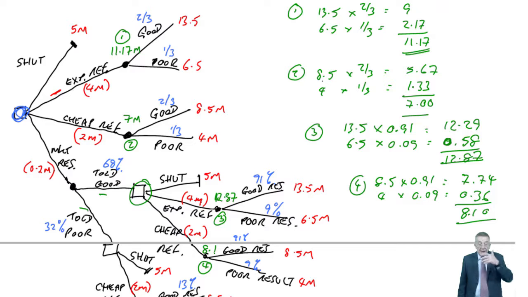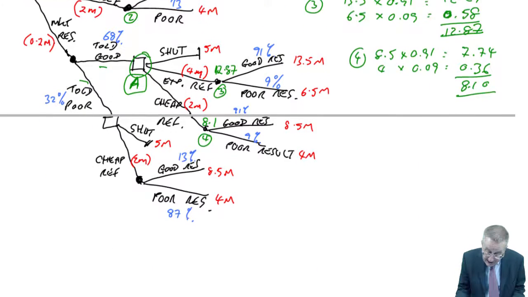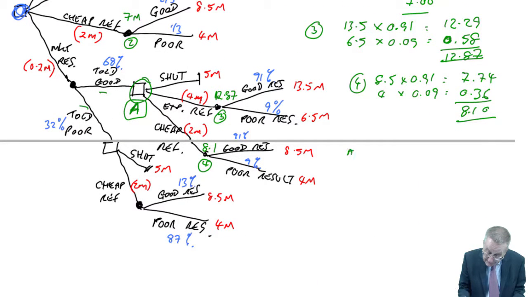Now, why am I doing this? Because I need to know what choice we make if we do market research and if we're told it's good. Well, now I can decide. If I label this box A, what is my choice? In box A, we either shut and we get 5 million.